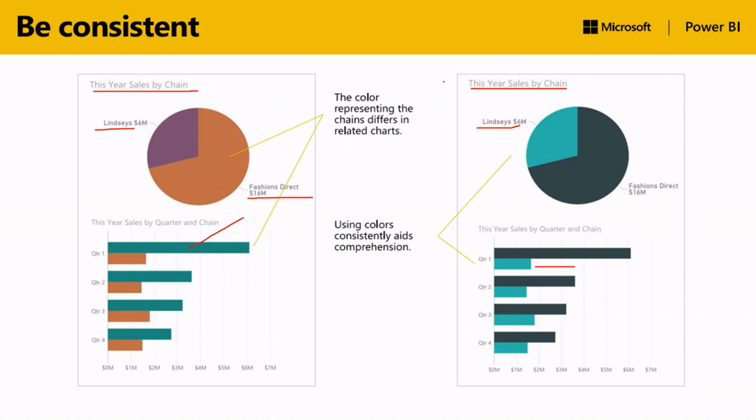And also for titles, if you are using, let's say, Arial font at size 11, make sure whatever titles you are giving across the page, except the main title of the page, for all the titles of different charts you are following the same font size and same font. It should not be that for one you have given a different font and for another you have chosen a different font. It won't make any sense.